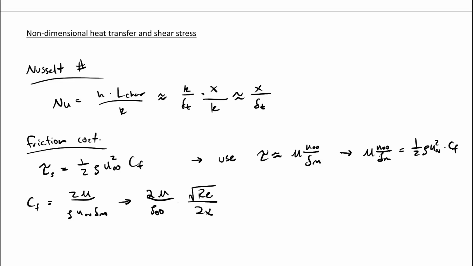One more step: you still have the square root of Reynolds number, but this 2 goes away, where we have rho times U infinity times x divided by mu. That's the Reynolds number again, or 1 over the Reynolds number. So the coefficient of friction, at least according to our approximate model, is 1 divided by the square root of the Reynolds number.